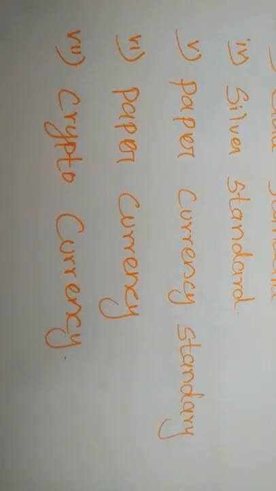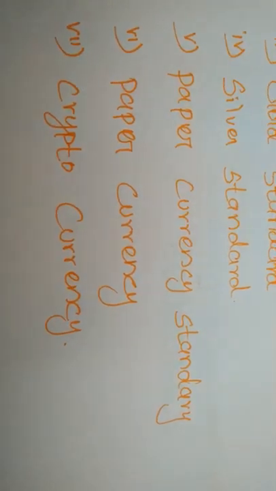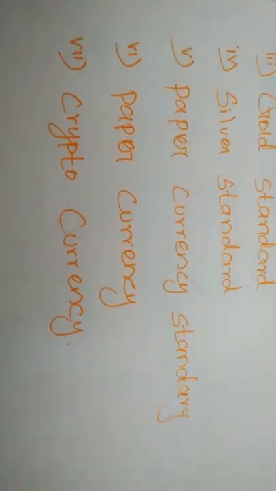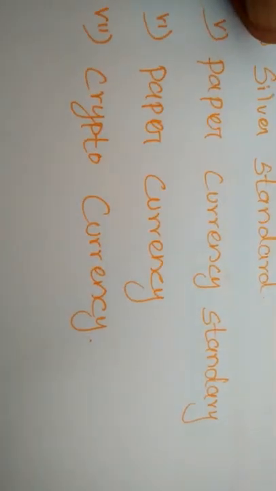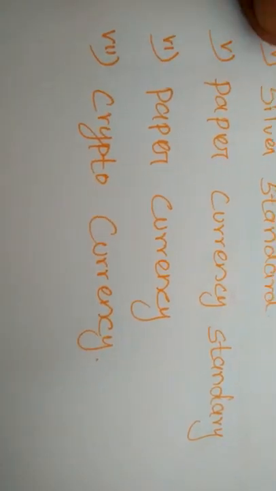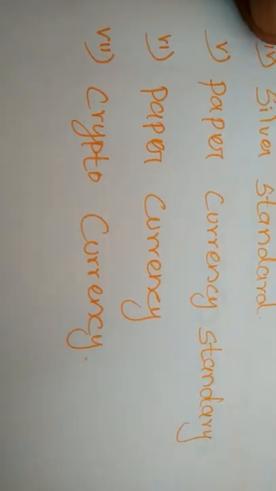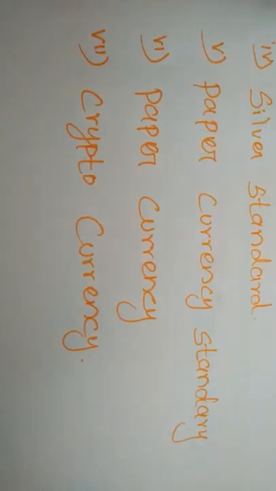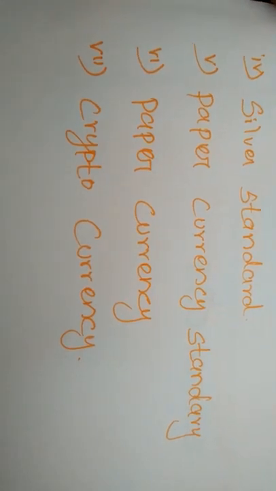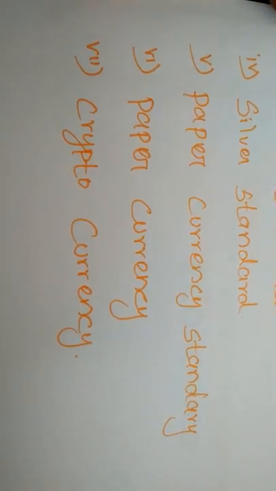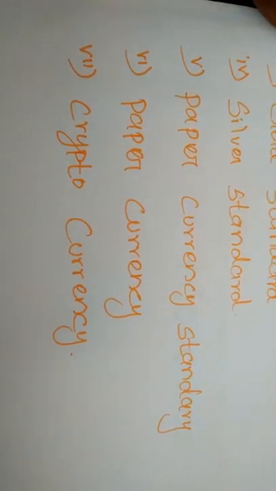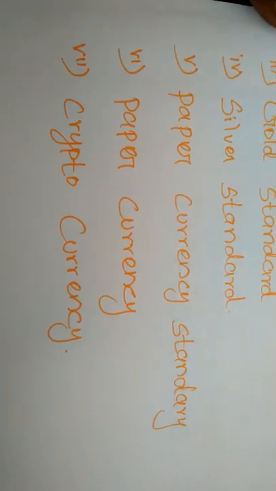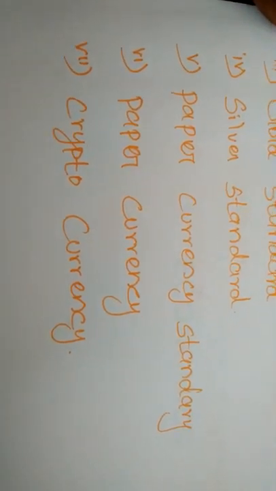Because if the central government increases the supply of currency, the price will increase. So for the purpose of controlling the price of commodities, the Reserve Bank of India will control the supply of money.